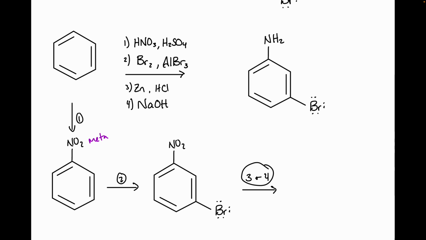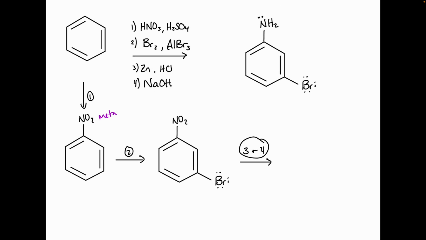If I'm going to be good, I'm going to put in my lone pairs here. Cool. Okay. Now, notice how we talked about how this thing was an ortho-para director. My bromine is here. Well, that's because when I put the bromine on the ring, what was on the ring? A meta-director. Right? When I change that NO2 to an NH2, it's not going to pick up the bromine and move it. The bromine's already on the ring.